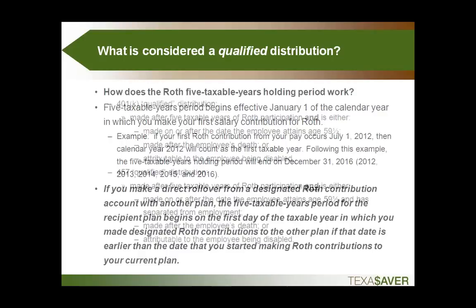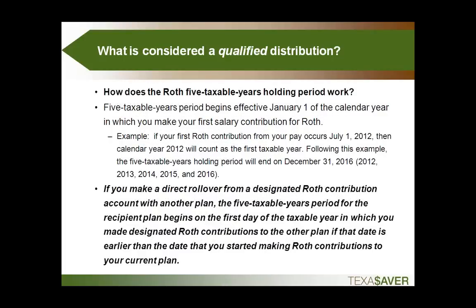So what is this 5-year holding period? How does it work? Well, the 5-year taxable holding period begins effective January 1st of the calendar year in which you make your first salary contribution as Roth contributions.